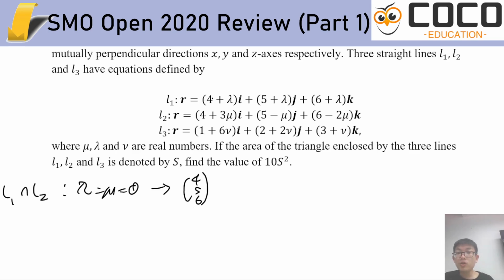It's also not very difficult to eyeball that these two intersect when mu and nu are both 1, just by looking at the coefficients. That would be 7, 4, 4.